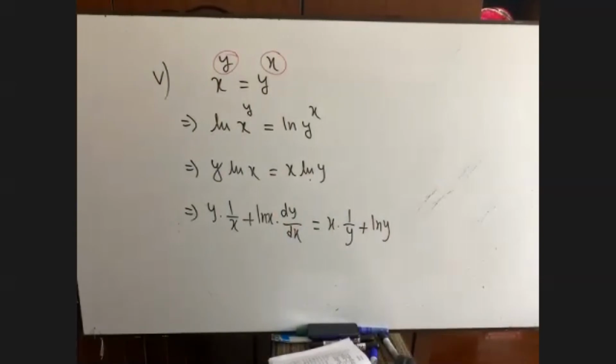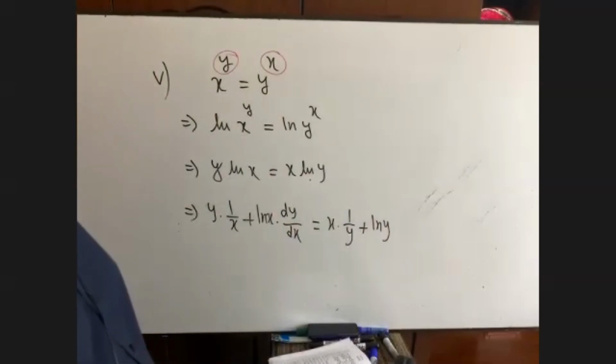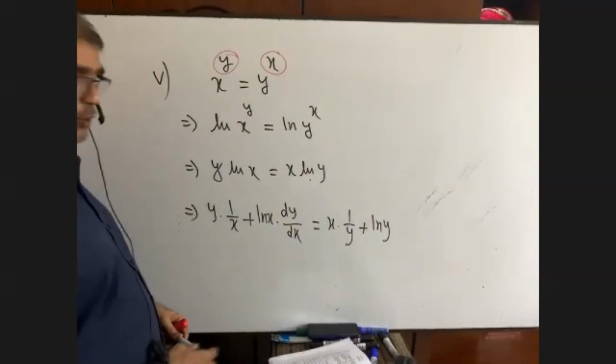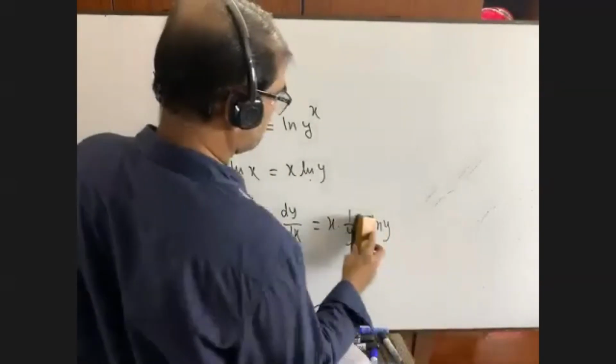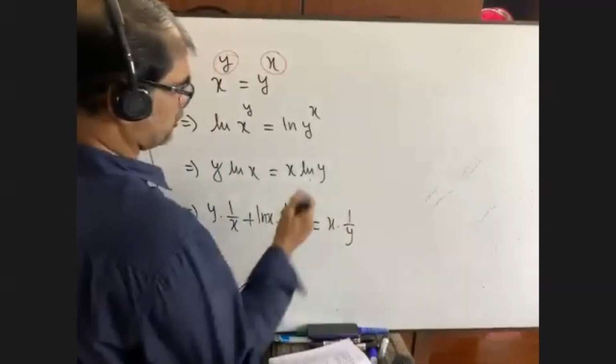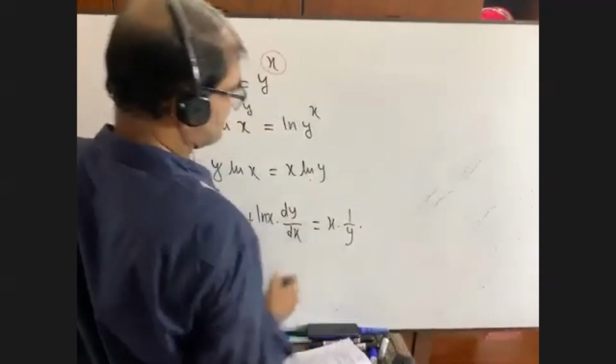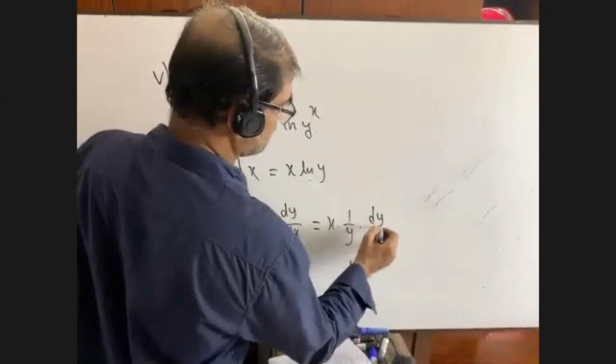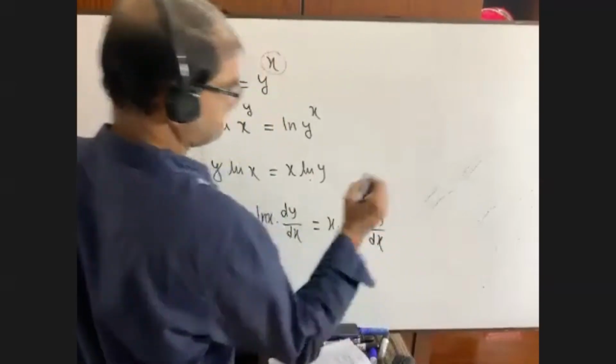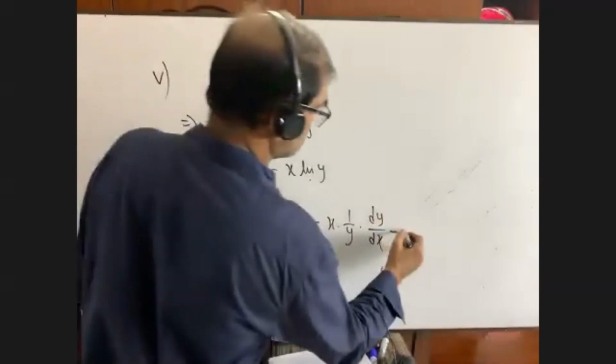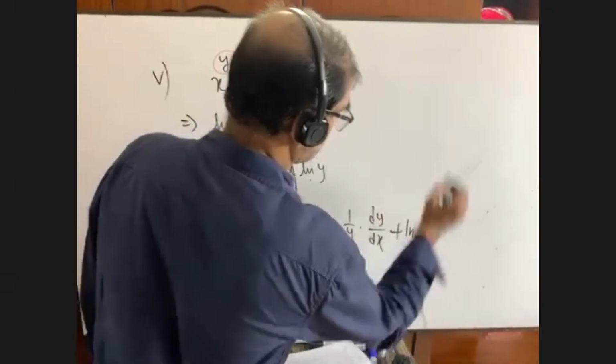But actually, are we done? No, we are not done. Who can tell me? Ln y means 1 by y, but again it is dy by dx.